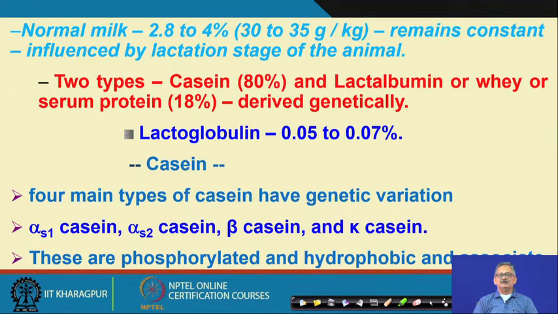Now, out of these proteins in milk, that is casein and whey protein, casein contains 80% and whey proteins roughly we call to be 20%, that is 80% casein and 20% whey protein, right. Of what? Of the total protein present. Milk itself contains protein, which we normally call to be around 4%.